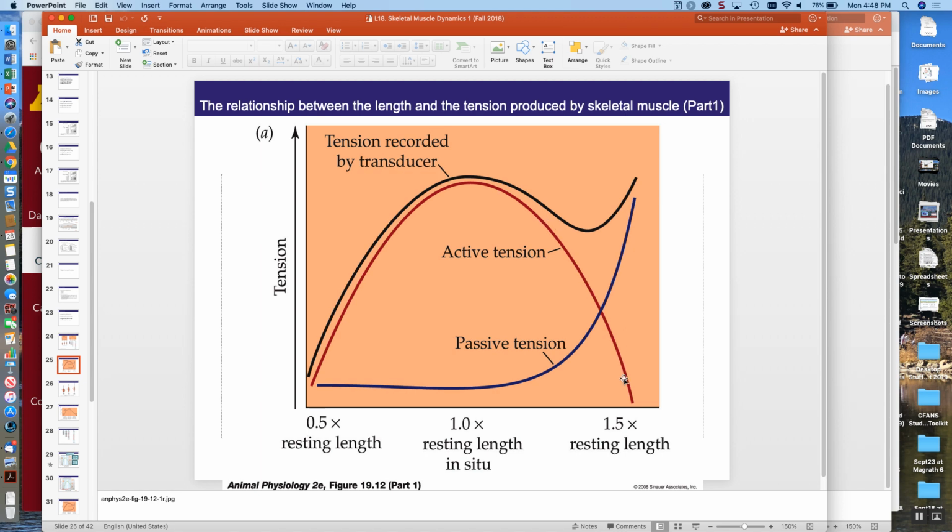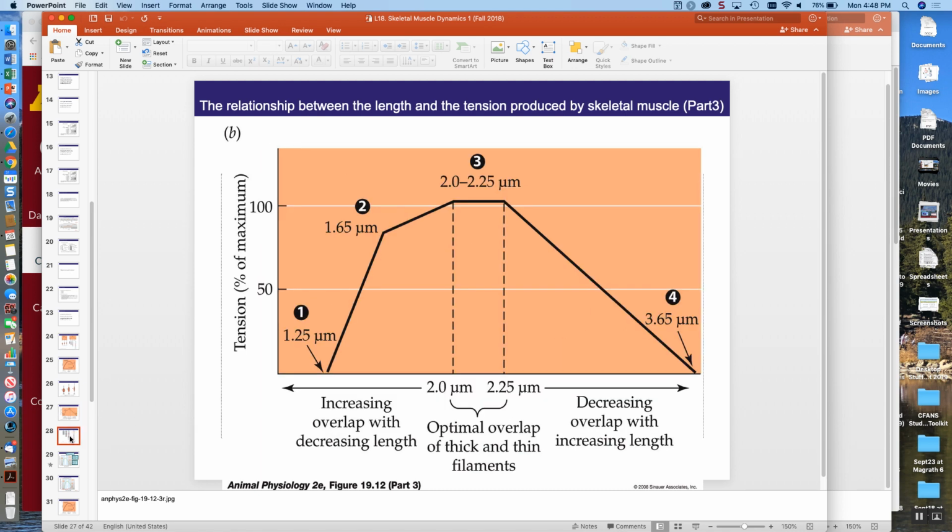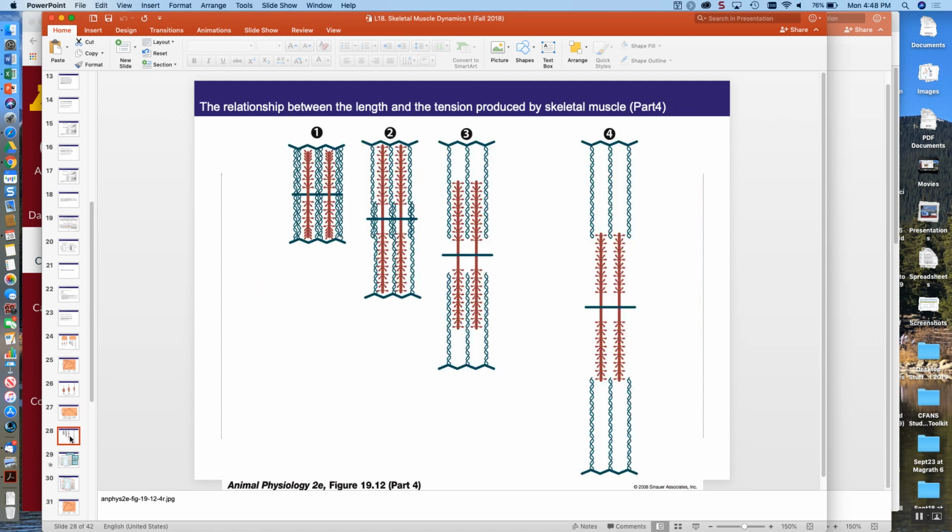And then if you stretch the muscle out too far, again, the force generated wanes. You can't get as much force if the muscle is stretched out too far. The reason why is because of this, right? When you are at optimal length, number 3 here, you are getting the maximum number of actin and myosin interactions.